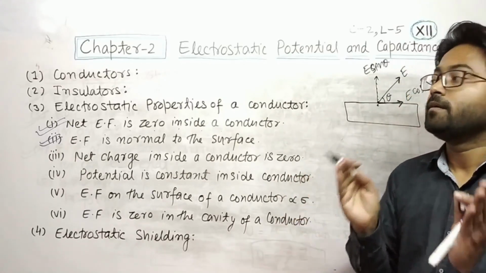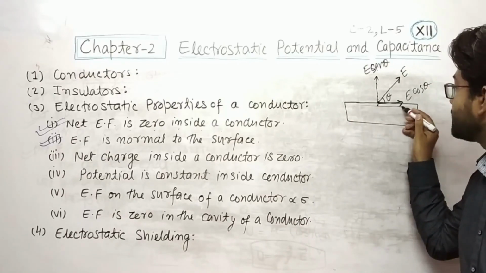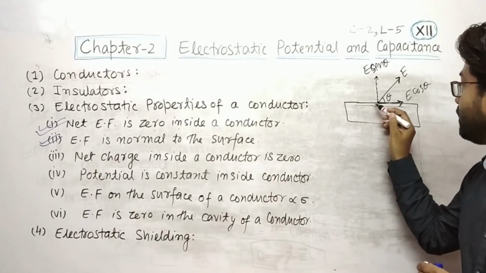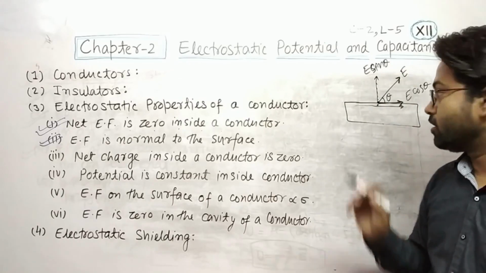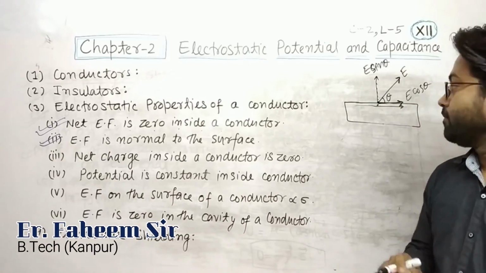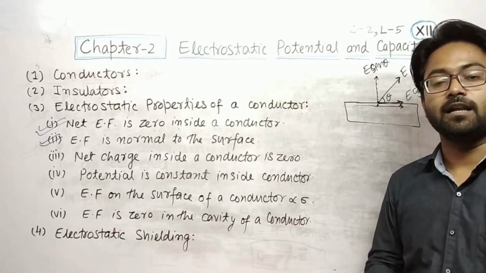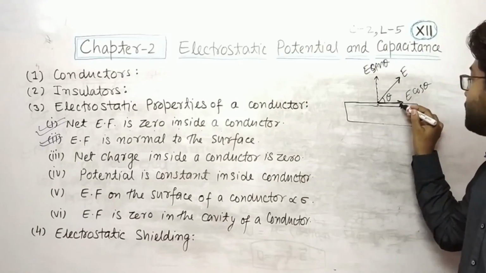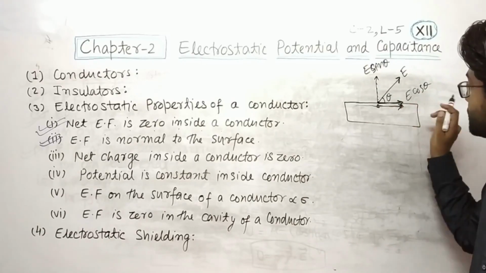There must be a current on the surface because there exists a horizontal component of the electric field along the conductor. But in practice there is no electric current along the surface.